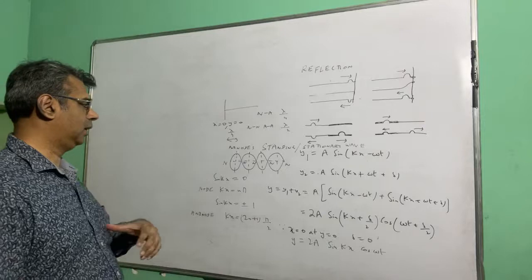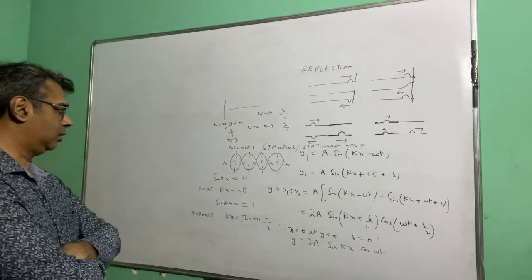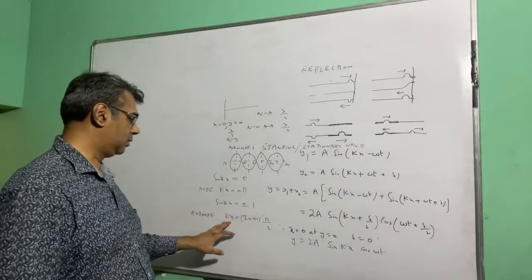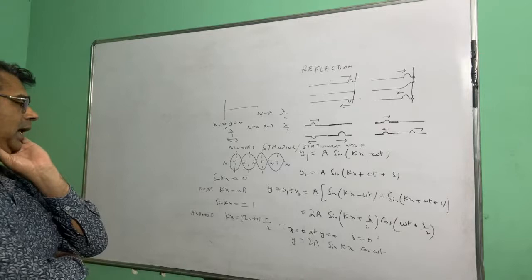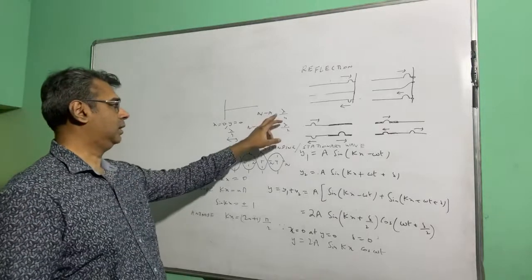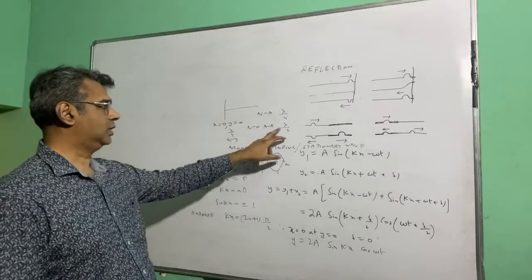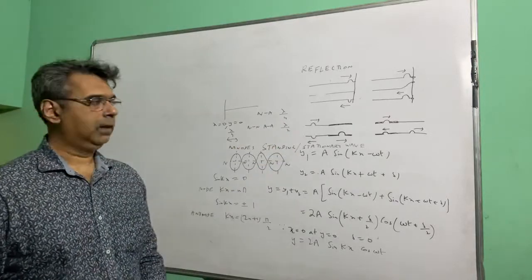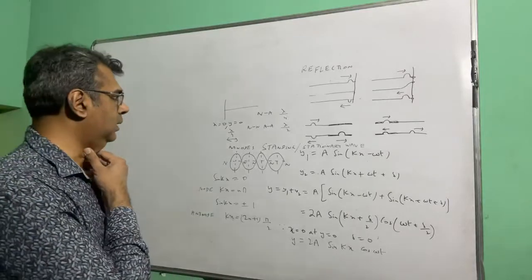There are points of maximum displacement either up or down. They are called antinodes. So sin kx is plus minus 1, so kx is (2n plus 1) into pi by 2. The distance between a node and an antinode is wavelength by 4. The distance between two consecutive nodes or two consecutive antinodes is wavelength by 2. So these are the details of standing wave.